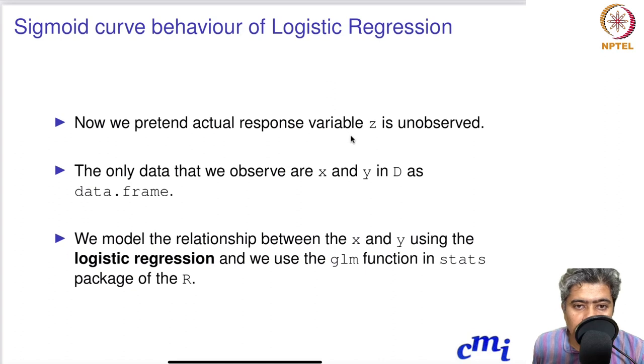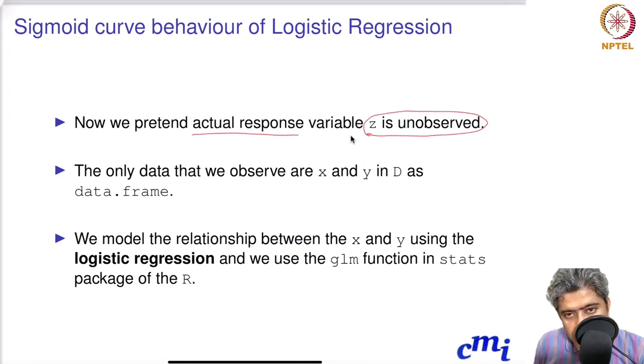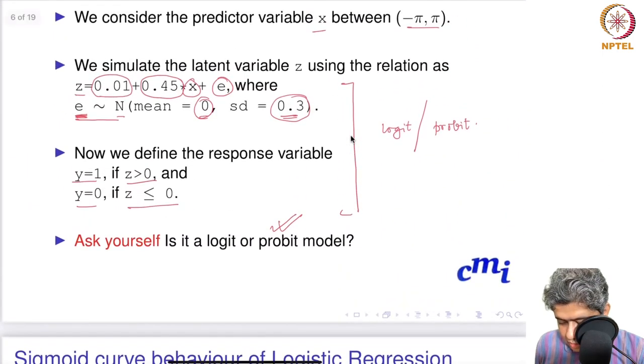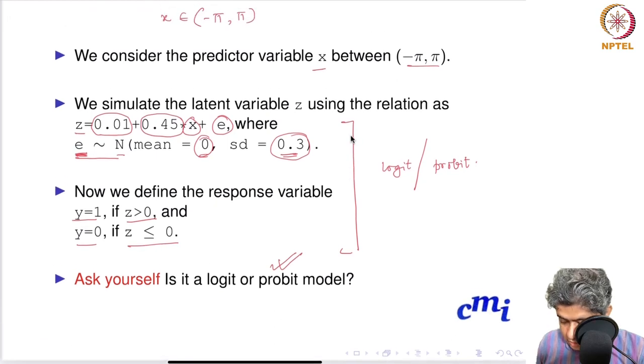Now we pretend that the actual response variable z is unobserved. This is very important. In real life, we will never observe z. So this is my data generation process. I simulated some random numbers from a uniform distribution between minus pi and pi. Then using this model I generated z, and given z I generated y.